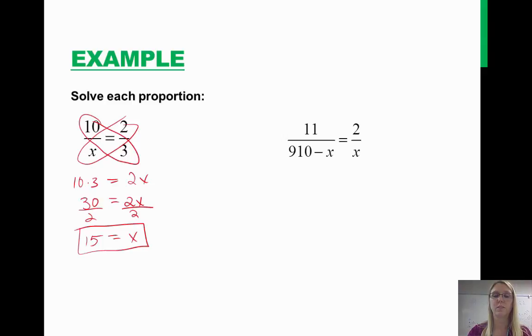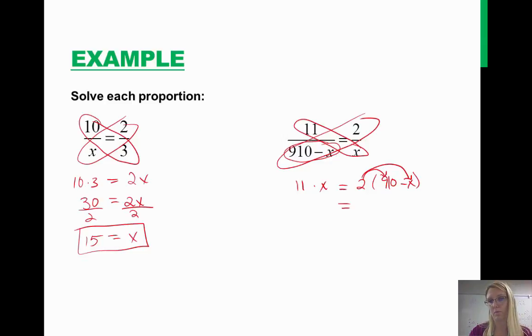So now let's try it for this one. This one's a little bit more complicated because we have this whole thing here. So if I take 2 times 910 minus x, that is going to be equal to 11 times x here. So here I have a binomial, and I'm going to need to distribute this 2 to both. So 2 times 910 is going to be 1820 minus 2x equals 11x.